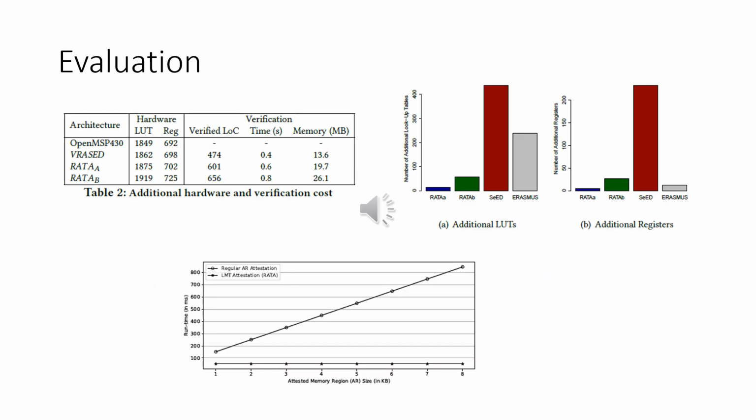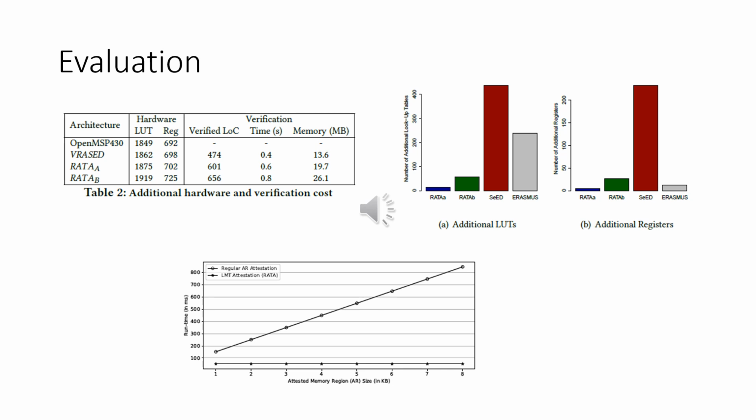On this slide, we discuss the overheads the RATA implementations require. Runtime overhead: RATA does not require any runtime overhead. Memory overhead: RATA A requires 128 bits of additional storage, whereas RATA B requires an additional memory overhead of 512 bits. Verification resources require less than a second and consume at most 26 MB of memory.